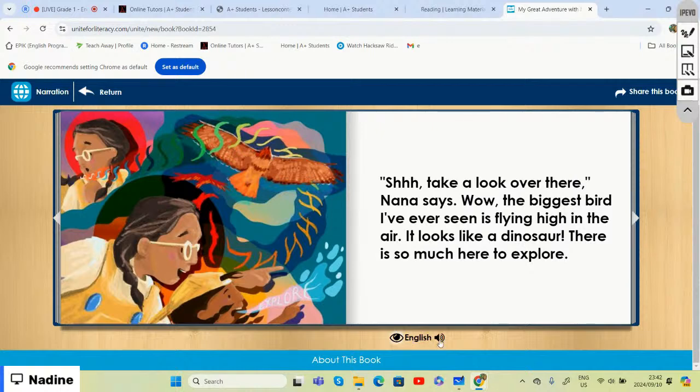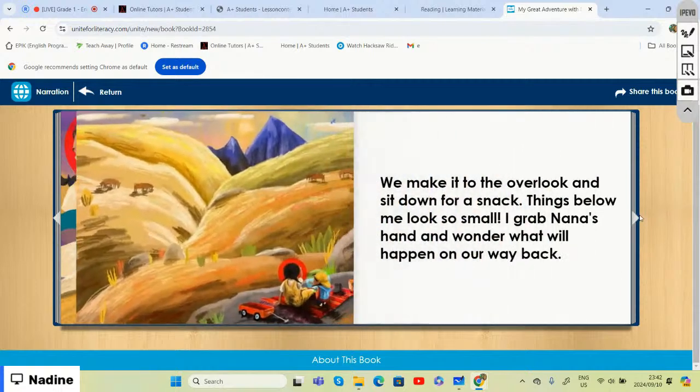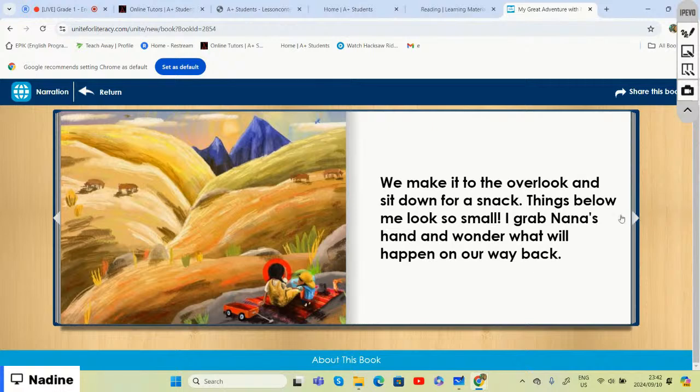Shh, take a look over there, Nana says. Wow, the biggest bird I've ever seen is flying high in the air. It looks like a dinosaur. There is so much here to explore. We make it to the overlook and sit down for a snack.